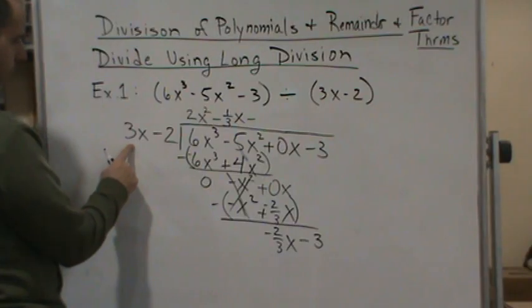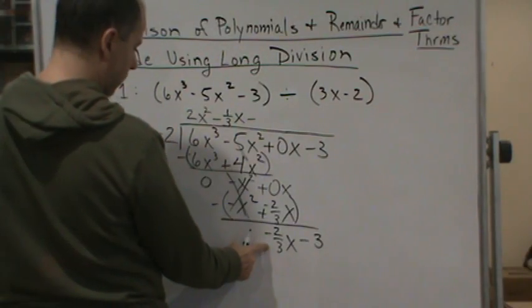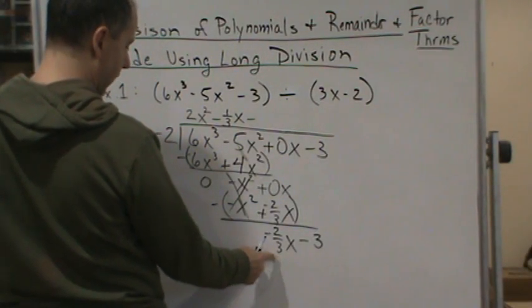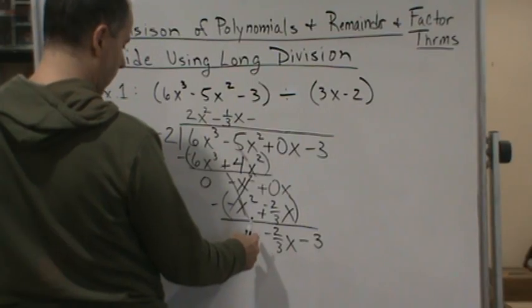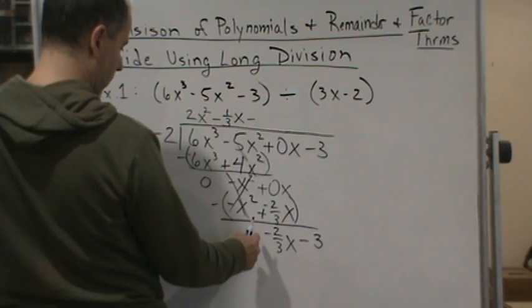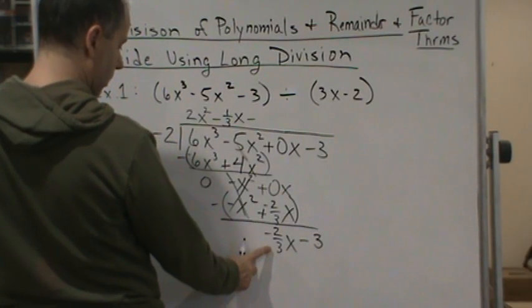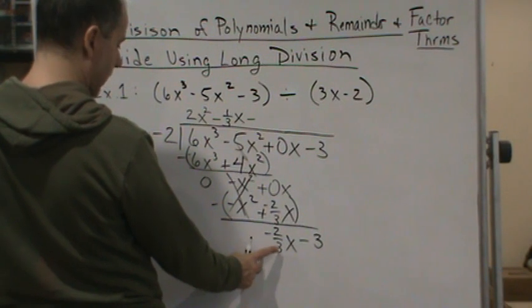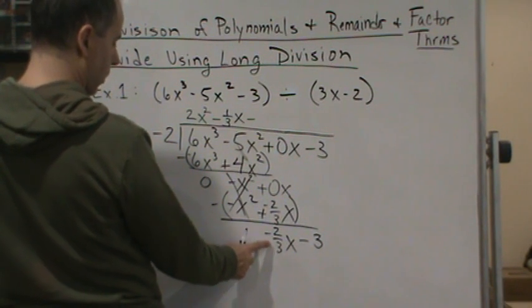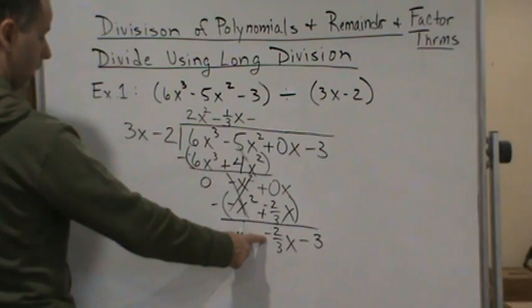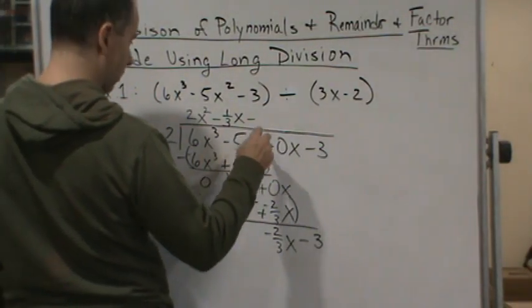Well, I need negative 2/3 here. I've got a 3 in the bottom, right? So if I look at this and say, okay, what about negative 2/9? Will negative 2/9 do it?